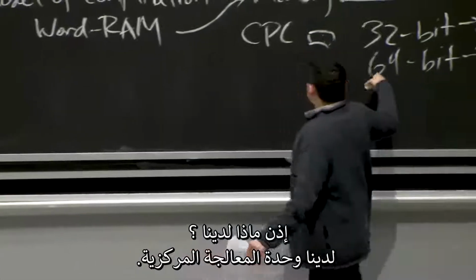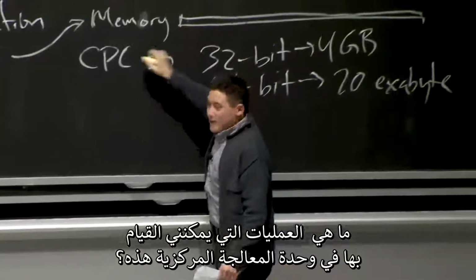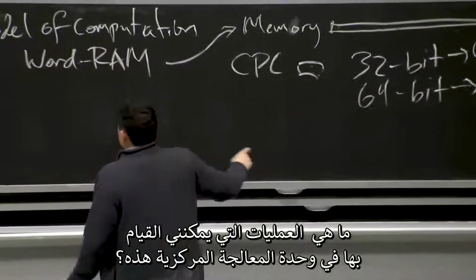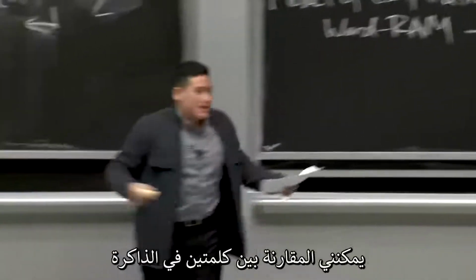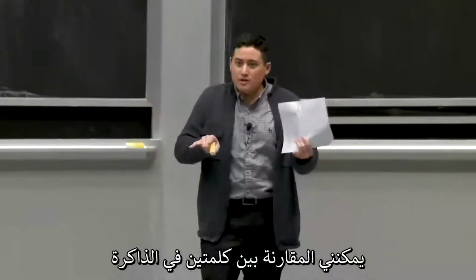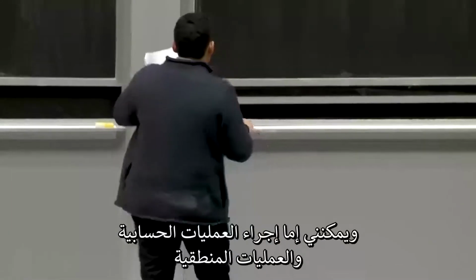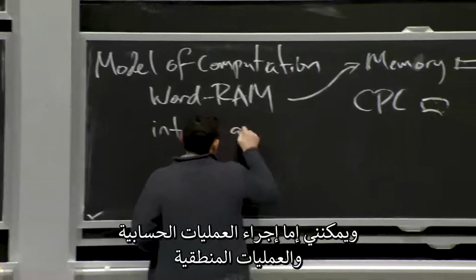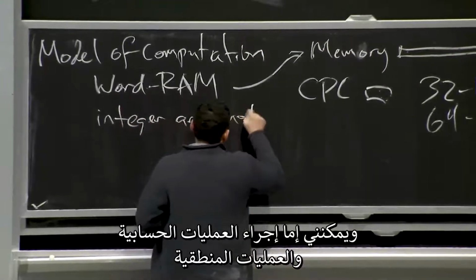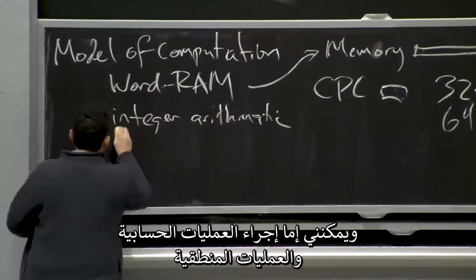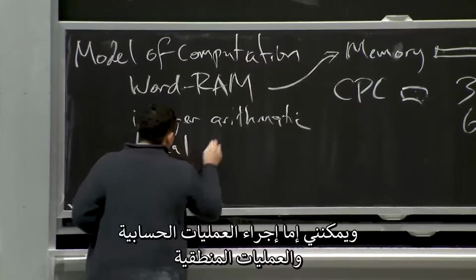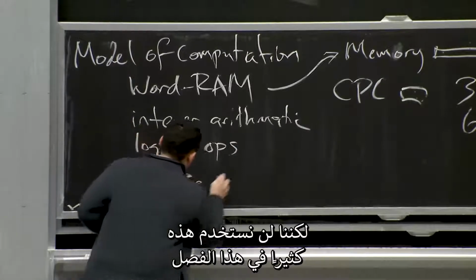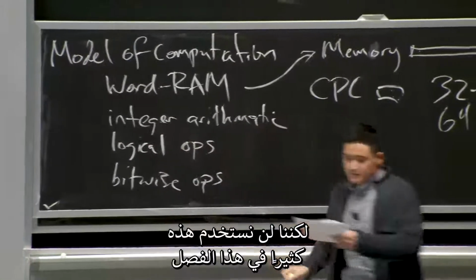So what do we got? We've got a CPU. It can address memory. What are the operations I can do in this CPU? Generally, I have binary operations. I can compare 2 words in memory, and I can do integer arithmetic, logical operations, and bitwise operations, but we're not going to use those so much in this class.